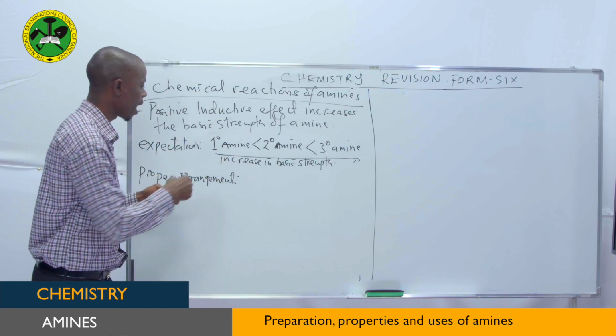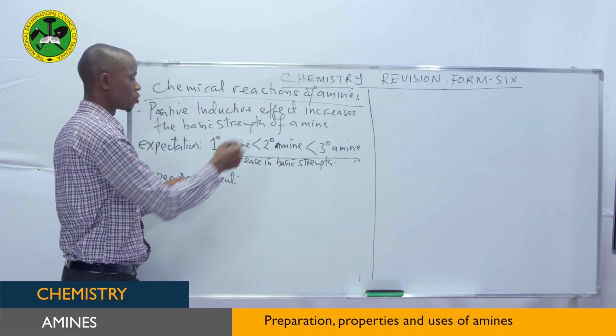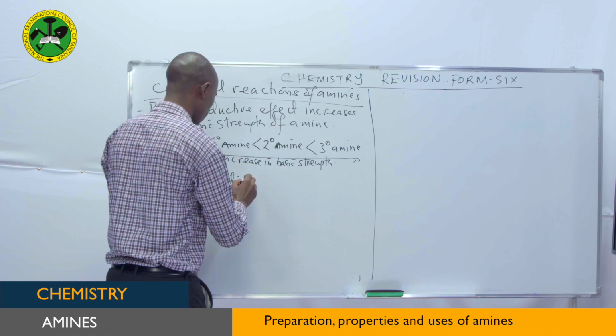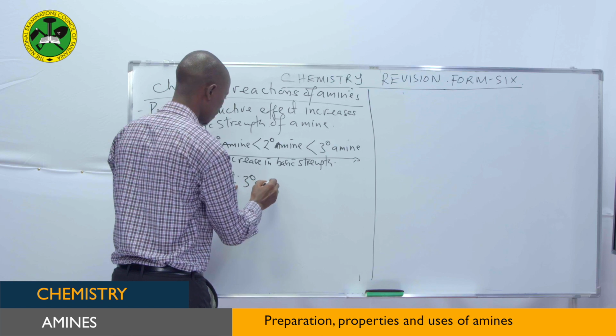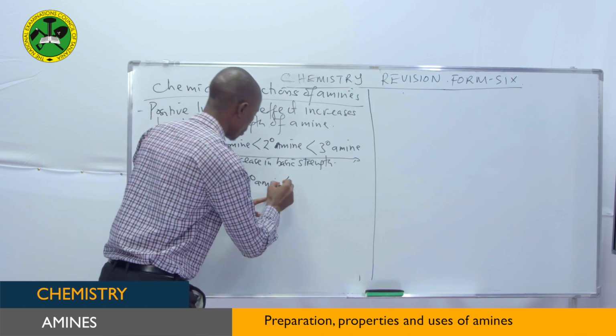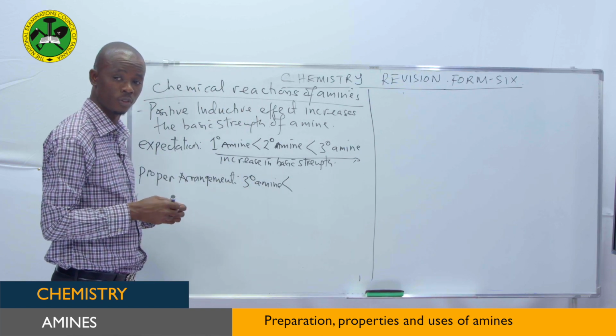And this primary amine will follow. So here we are going to have this one. Tertiary amine will be the weakest base of all. Why?